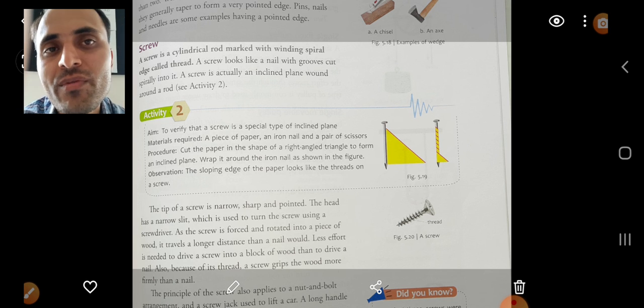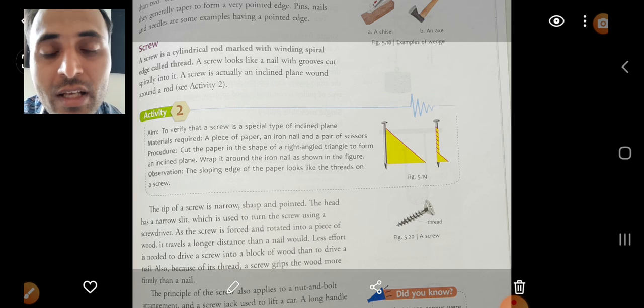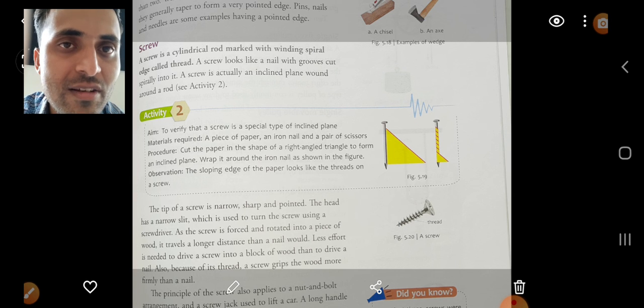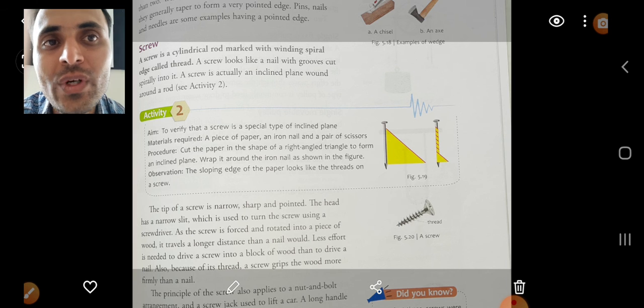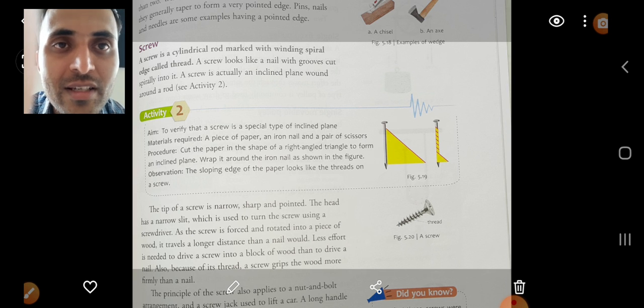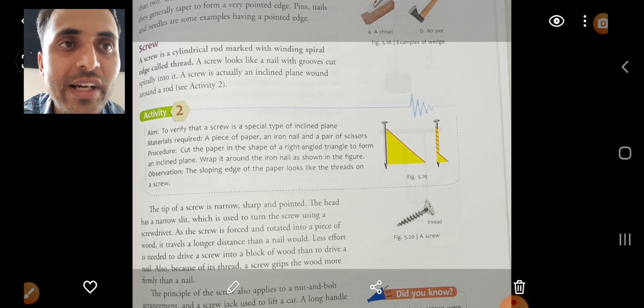With the help of a screw, we can easily tighten two different parts with less force and less time, because of a special design provided on the length of the screw, and that design is called the spiral edge or the thread.